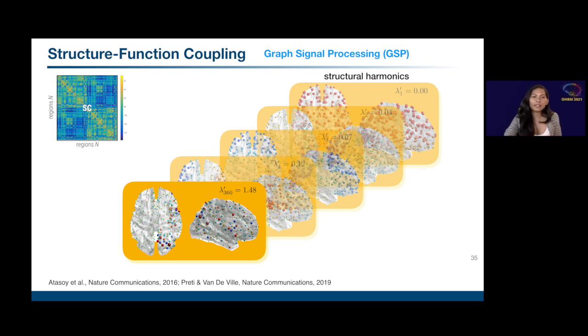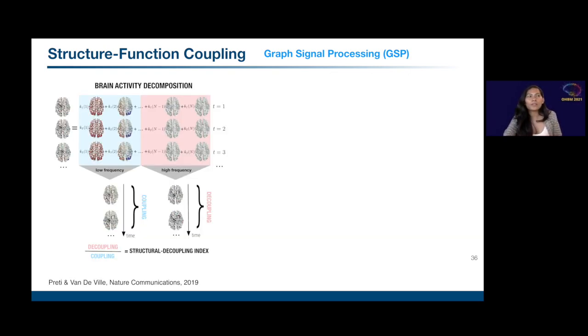And in recent work in Dimitri Van De Ville's lab, they expressed functional signals defined on the nodes of the graph as a linear combination of the structural harmonics. Then they filtered this data according to two different descriptions: the low frequency components, and the high frequency components.